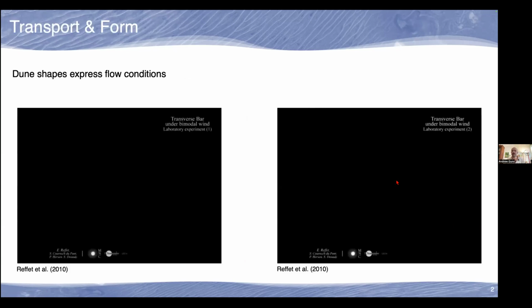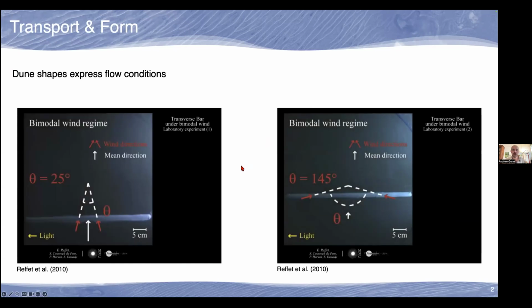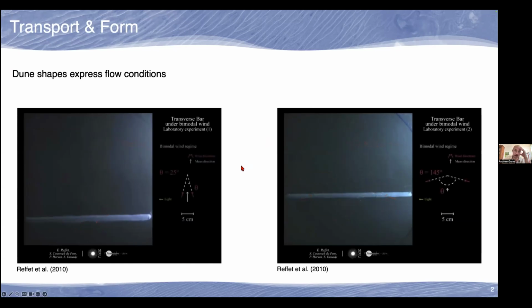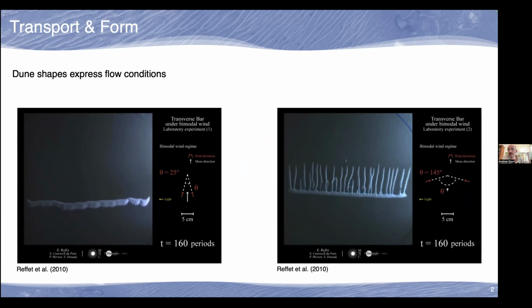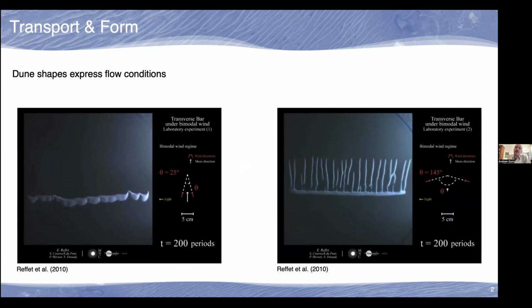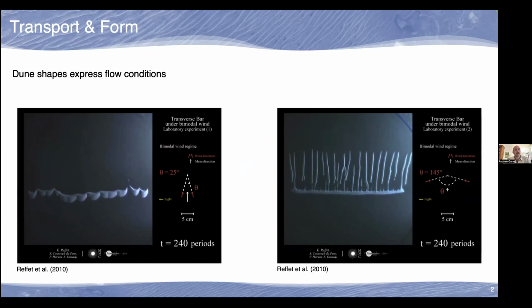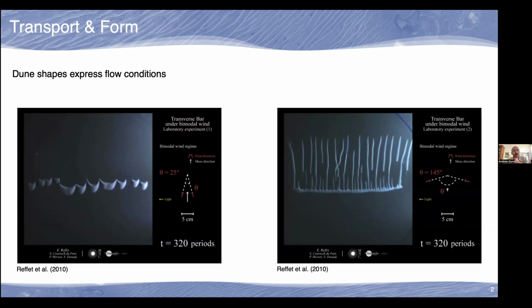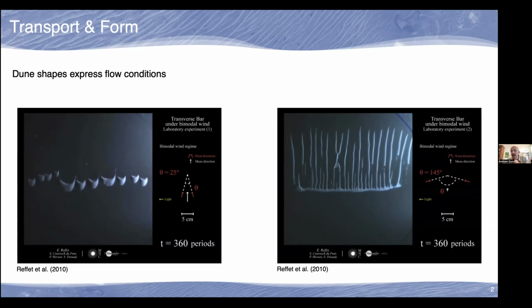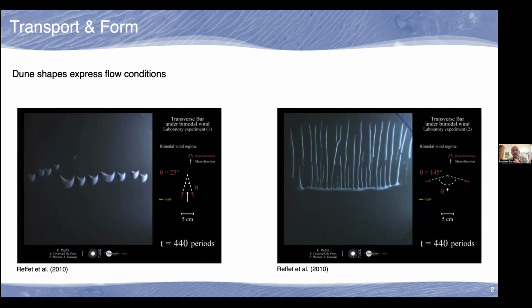I always like starting talks with these two lovely videos from some experiments that began in Paris, where I am at the moment. The first paper from that work was 10, I guess 15 years ago now. There are two experiments which are extremely similar, apart from the difference in angle between the two winds pushing the sand around and making bed forms, which is larger on the right-hand side than the left-hand side.